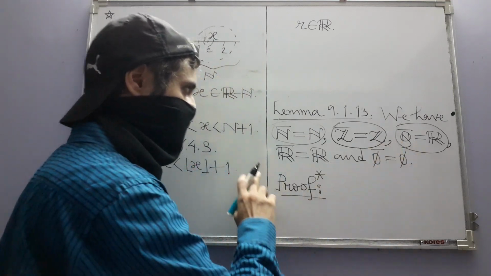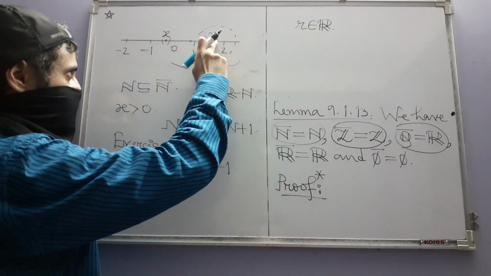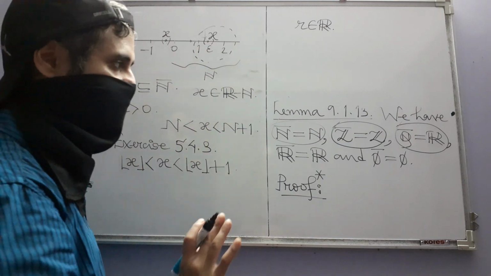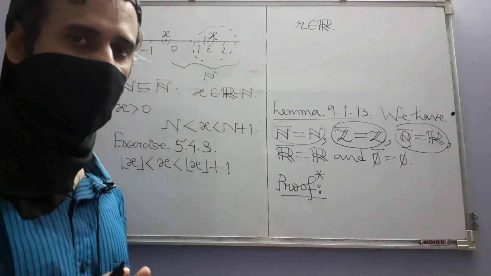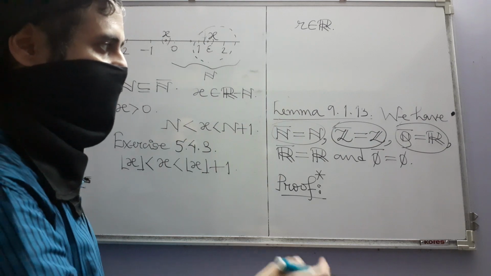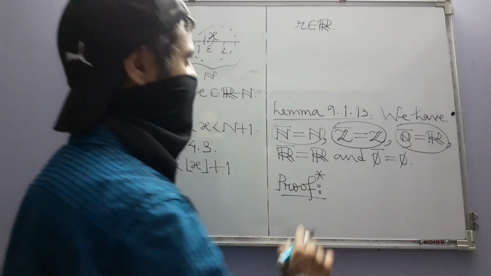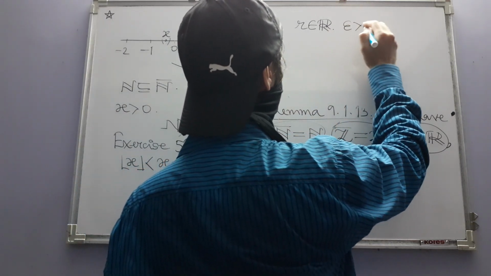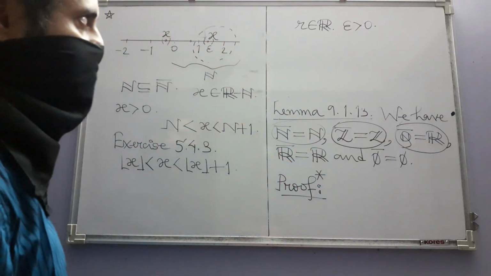So in this case, it's not about showing that something is not an adherent point. So it's not about choosing epsilon, but taking any epsilon and then showing that it will work. So you choose epsilon greater than 0.